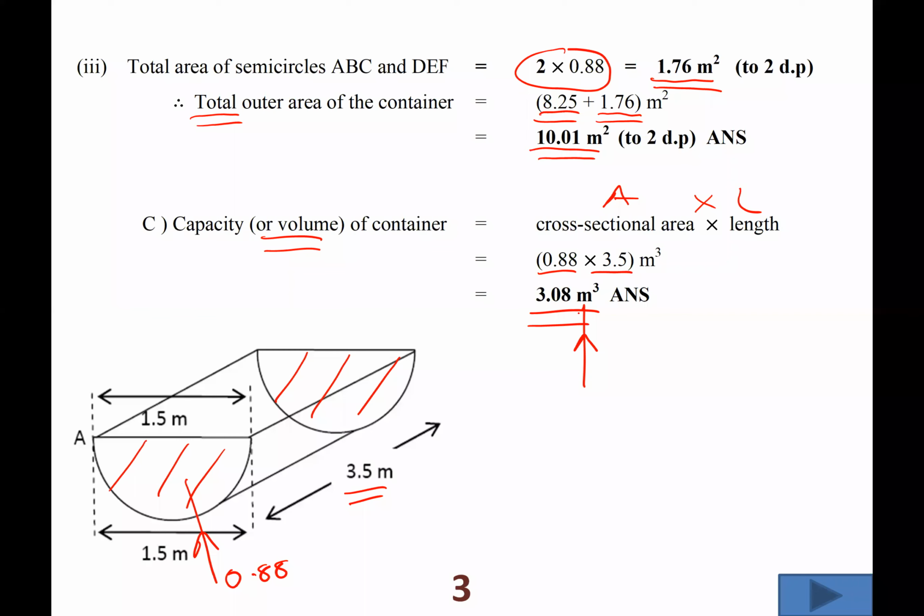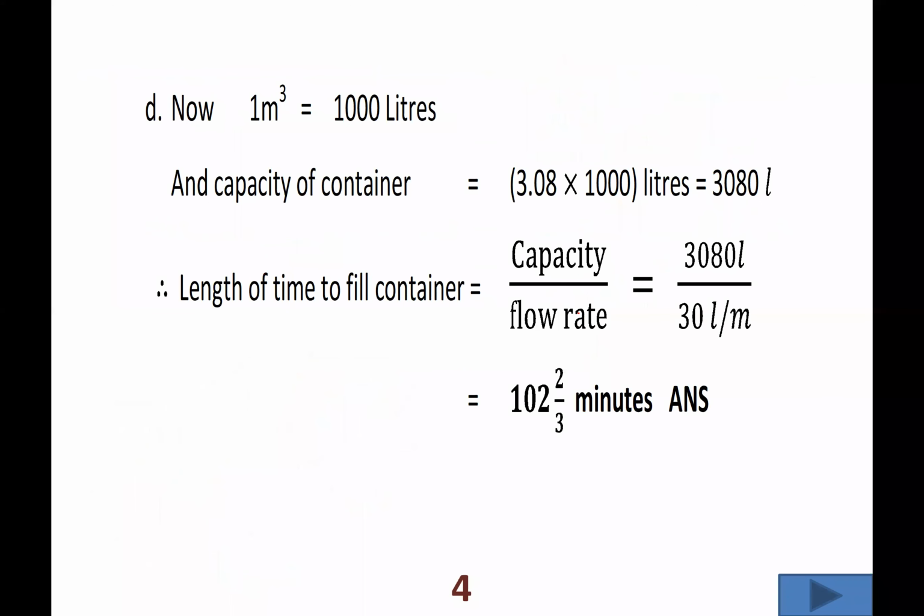But remember, they told us that water is being poured at the rate of 30 liters per minute. So we need to convert this capacity of 3.08 meter cube to liters. So what's the conversion? 1 meter cube is 1,000 liters. So 3.08 meter cube would be 3.08 times 1,000 liters, which works out to be 3,080 liters.